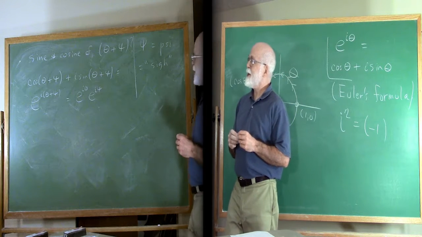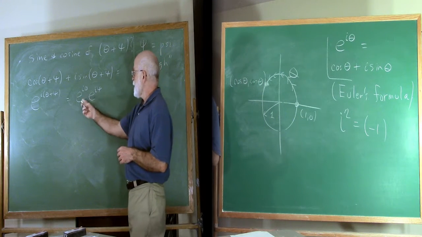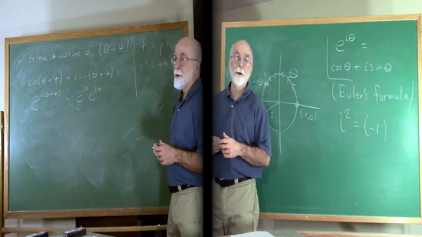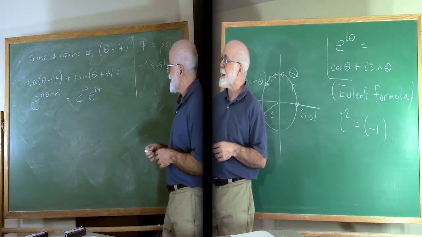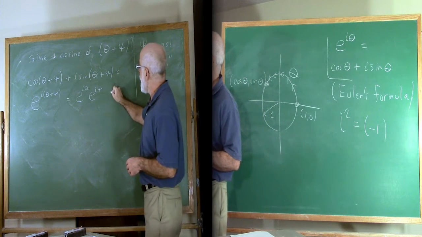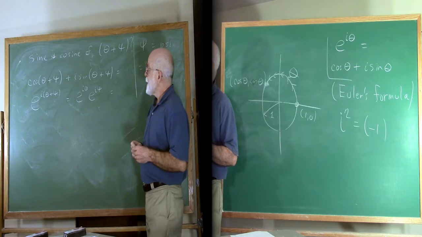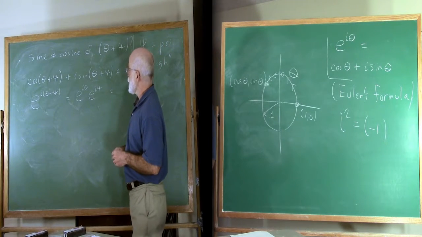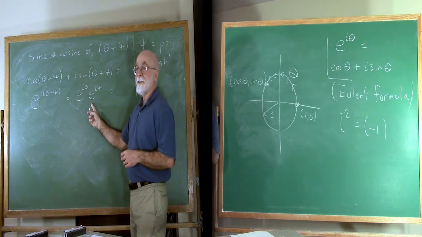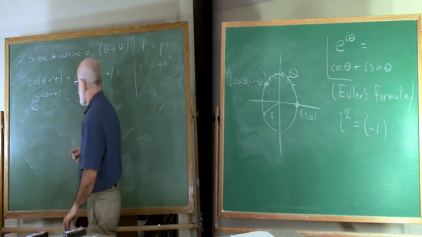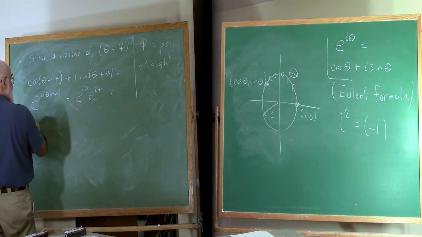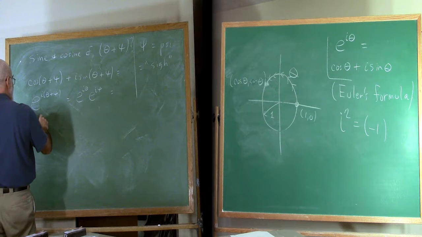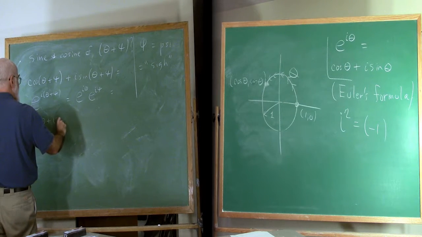So more complication here because neither of these is recognizable. We're not just going to get a plus or minus 1 here. What we want to do here is apply Euler's formula to each one of these exponentials. First, you've got cos theta plus I sine theta.